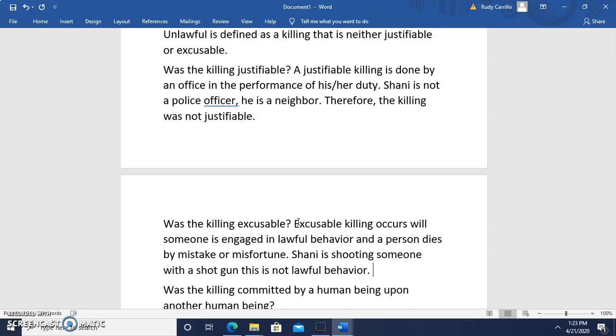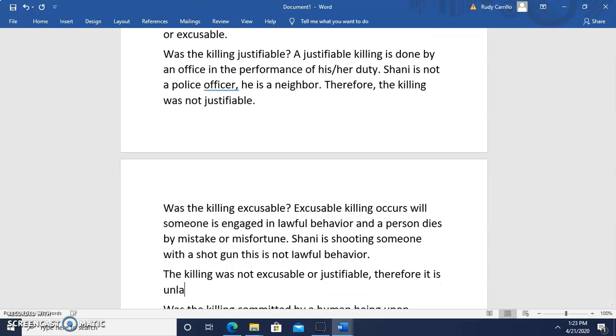So the killing is not excusable or justifiable. Therefore, it is unlawful. All right, so that answers that question. It's an unlawful killing.